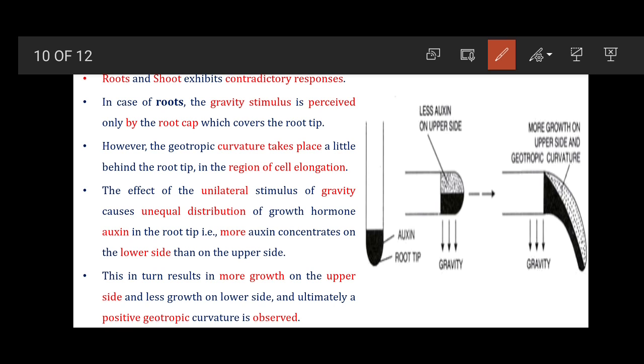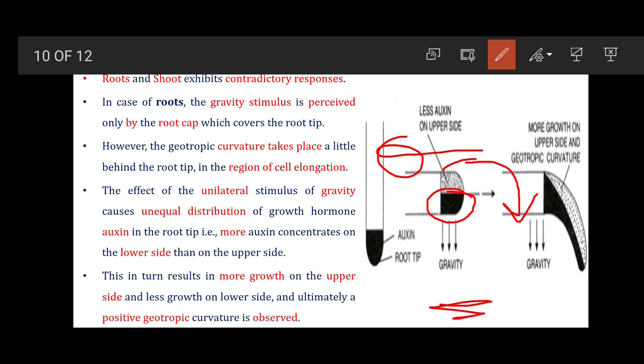As you can imagine, this is the horizontal plant, and because of the gravity effect the hormone auxin is unequally distributed toward the below side, and in turn more growth is observed in the upper side, and that's why there is cell division and elongation.